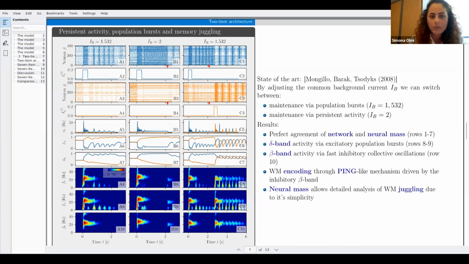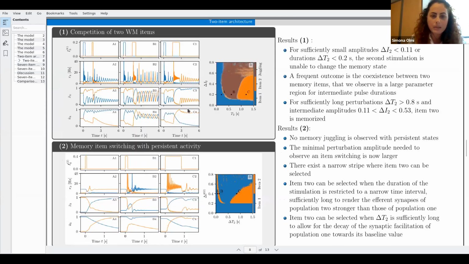The entire phenomenon of memory juggling can be seen in more detail by looking at the phase diagram, where we take into account what happens if we vary the amplitude of the stimulation and the duration of the stimulation. In particular, if we start from the situation of population burst, we see that it's possible to obtain, for small amplitudes and small durations, just the retaining of item 1, so the item that has been memorized by the first population.